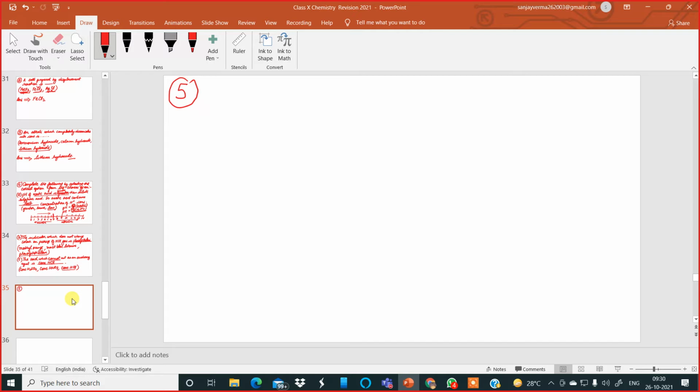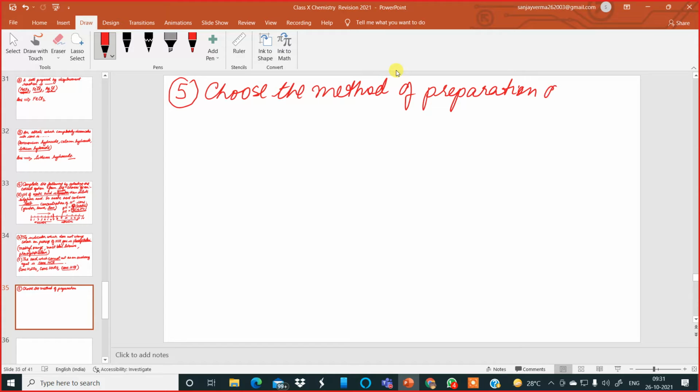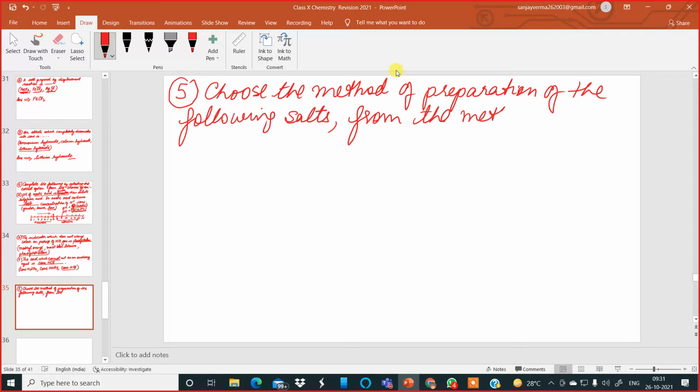The question is, choose the method of preparation of the following salts from the methods given in the list.